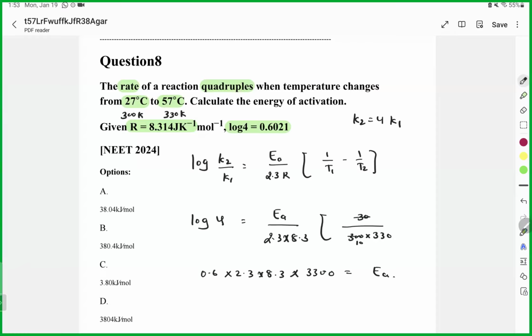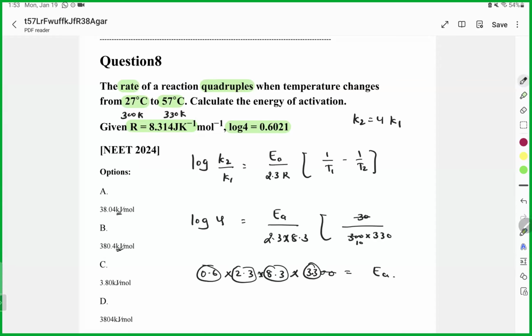Correct. You will calculate in the number. Kilojoule. So you can eliminate 30, like 3.3, 3.3, 2 and a half.